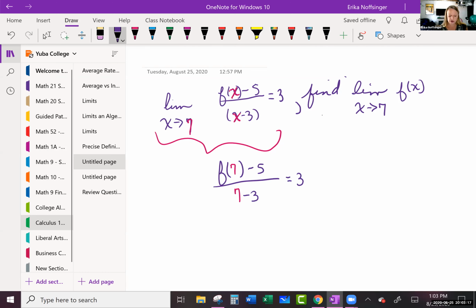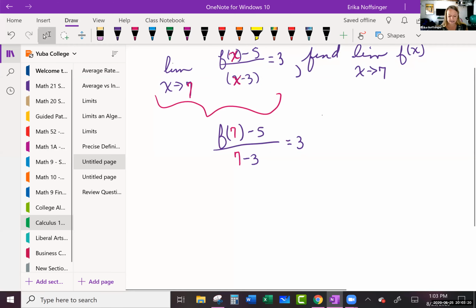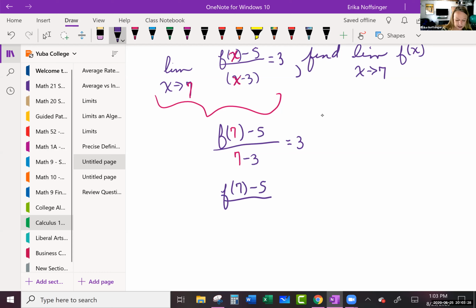Let's solve for f of 7. Let's simplify a little bit. So we have f of 7 minus 5 all over, well, 7 minus 3 is 4, is equal to 3. Let's get rid of the fraction by multiplying both sides by our denominator of 4.